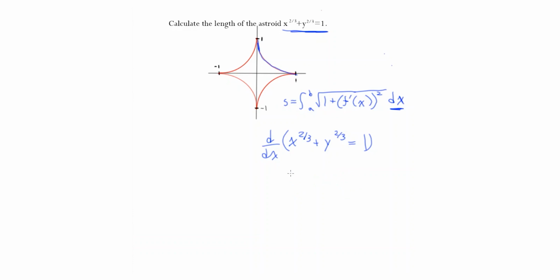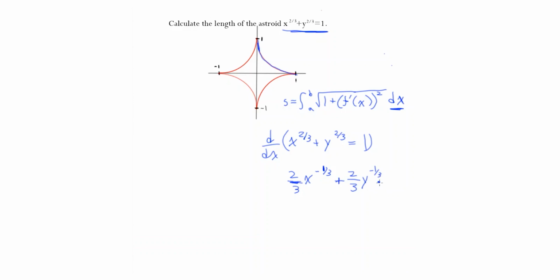So taking the derivative of x is just 2/3 x to the -1/3, once we subtract 1 from 2/3. And then we find the derivative of y, which will be the exact same thing as the exponent is the same.